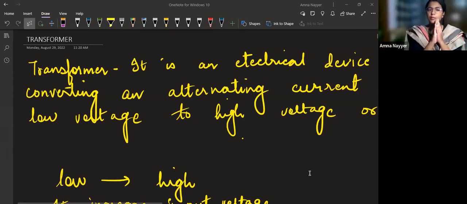See, I was saying transformer. Firstly, I have said that when we started this, transformer is a very easy topic from your alternating current. Very easy formulas are there. Direct formula-based questions are asked from this. So just focus on transformer and you'll be able to score if a question comes from transformer.